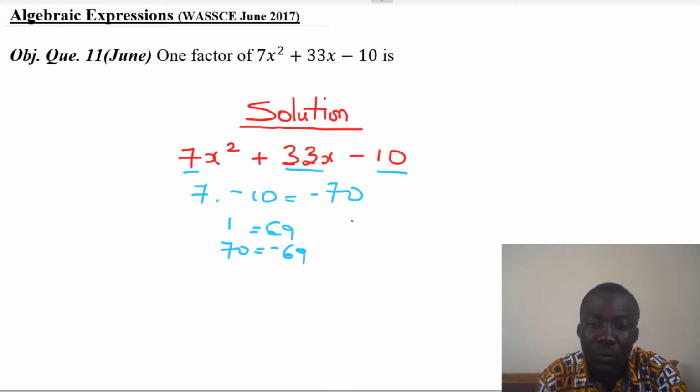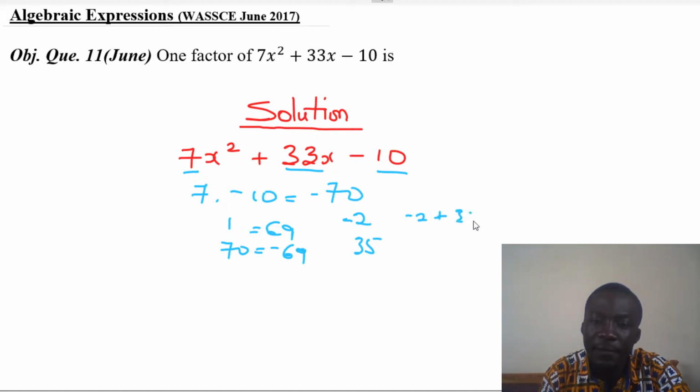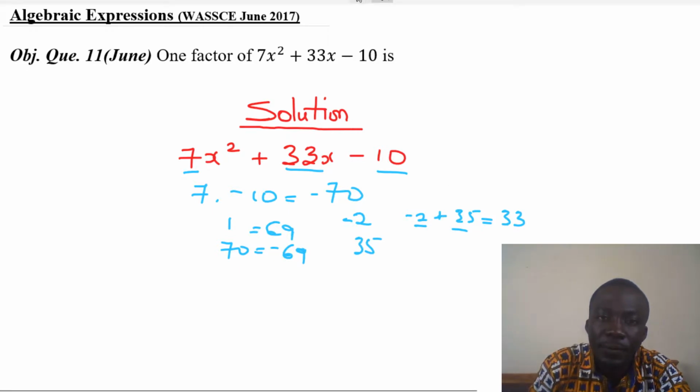Then we jump to 2 and 35. When we negate the 2 and add it to 35, negative 2 plus 35 gives us 33, which is positive and equal to the coefficient of x. So the factors that we'll be using are negative 2 and 35.